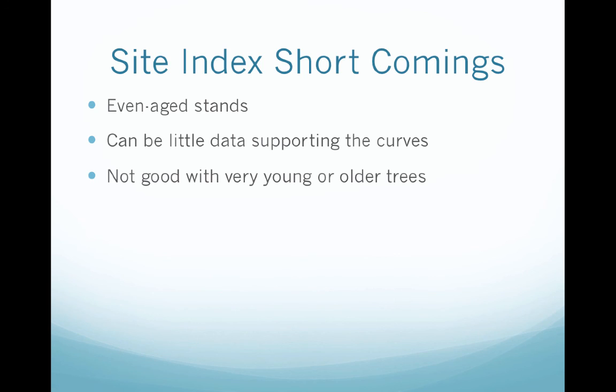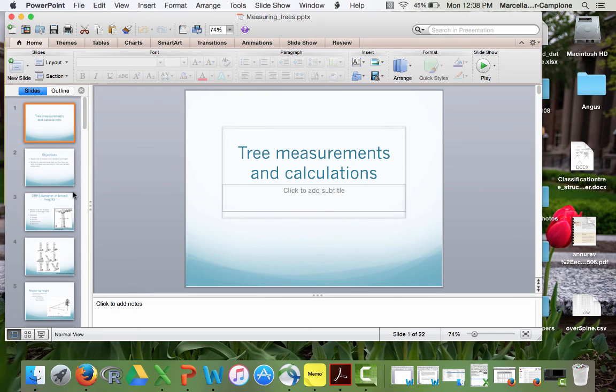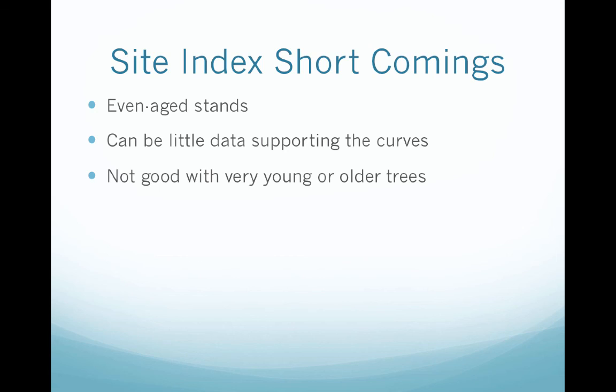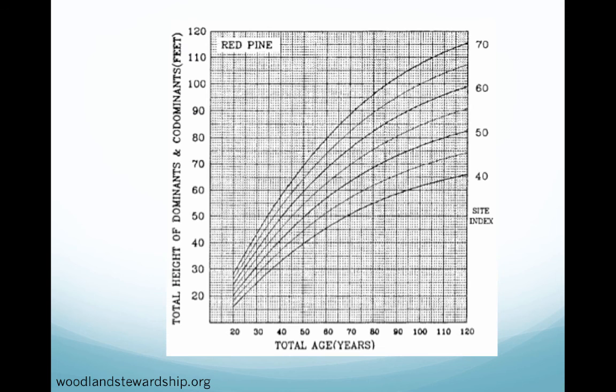So there are some shortcomings, and we're going to talk about this more, but it works best in even age stands. There can be very little data supporting these curves, and the curves are not good with very young or very old trees.